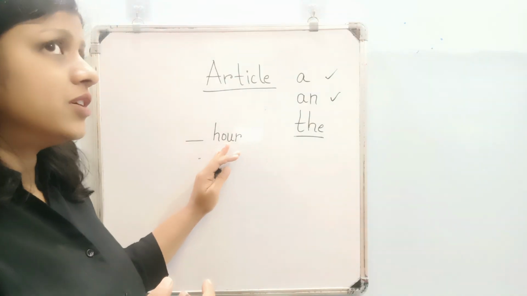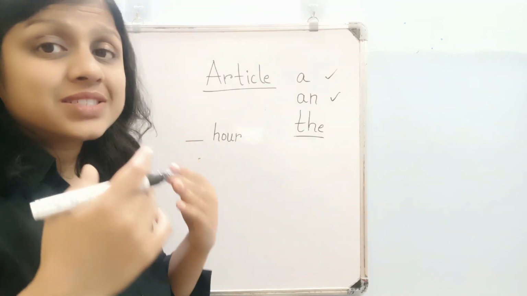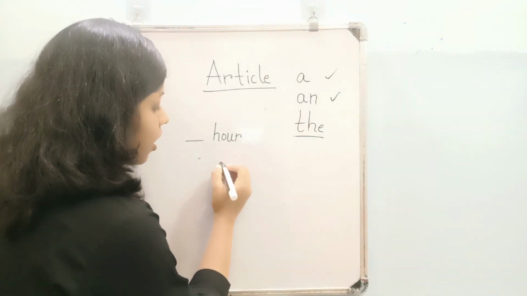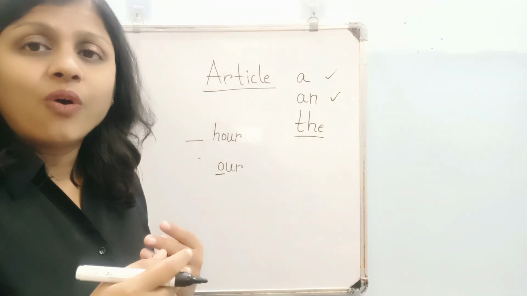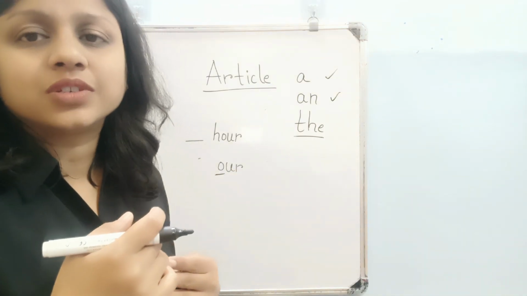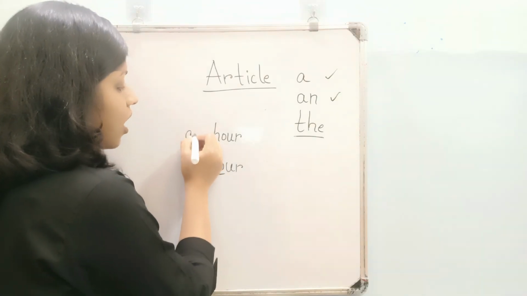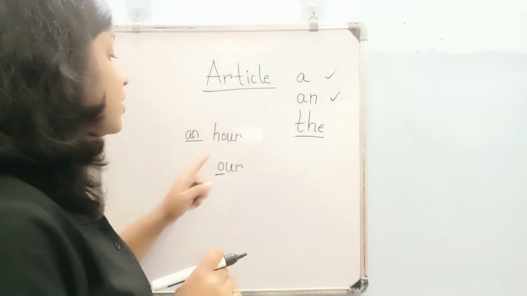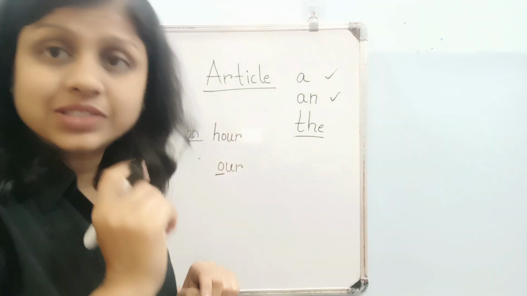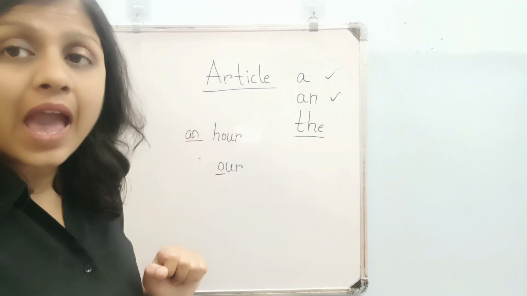Like hour. When we are saying it, we are saying hour. It's starting with the vowel sound O. So it will be an hour. Understood, children? The H is silent here.